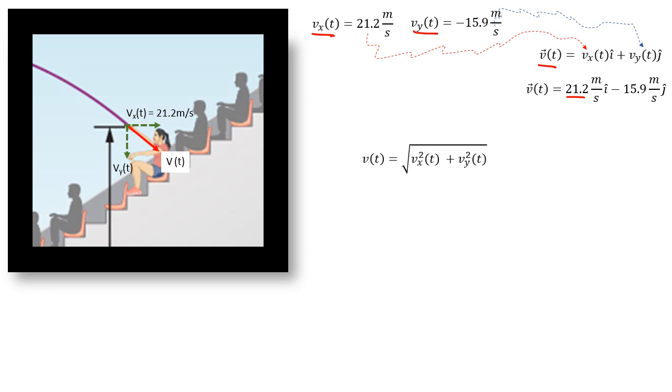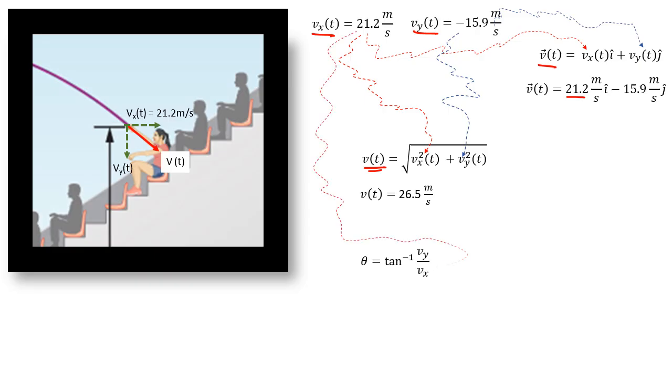Now what is the magnitude? The magnitude is the square root of vxt squared plus vyt squared. Substituting the values of vx and vy, you get 26.5 meters per second. The last part is to calculate the angle, tan inverse of vy by vx. Substituting the values, you get minus 36.9 degrees. That means the angle is measured downwards in the clockwise direction from the positive x direction. So this is the angle.